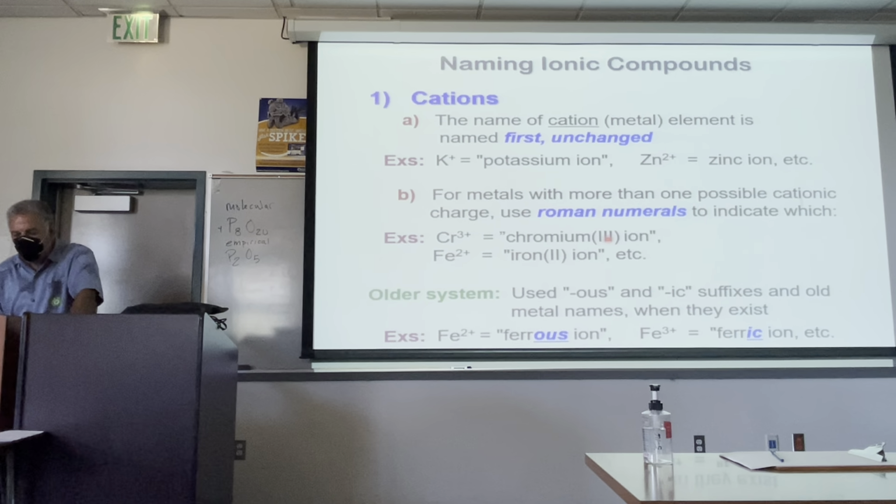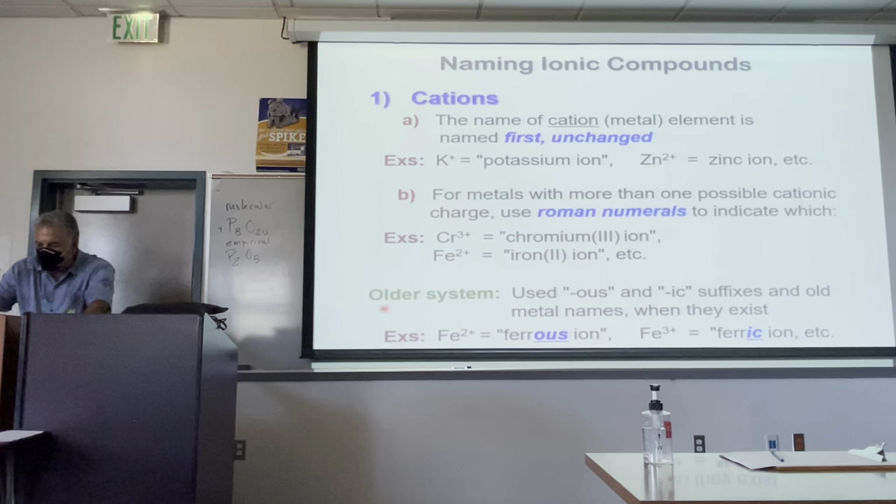So chromium 3 plus, you write as chromium 3 in Roman numerals. For iron 2 plus, you write iron 2, in Roman numerals. The older system used -ous and -ic suffixes in old metal names when they exist.